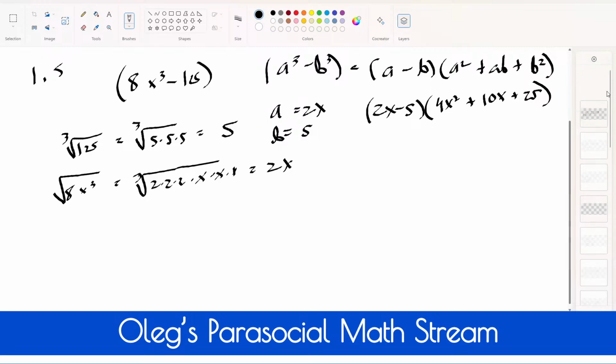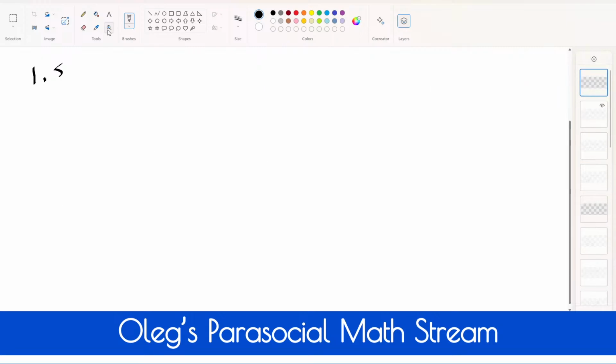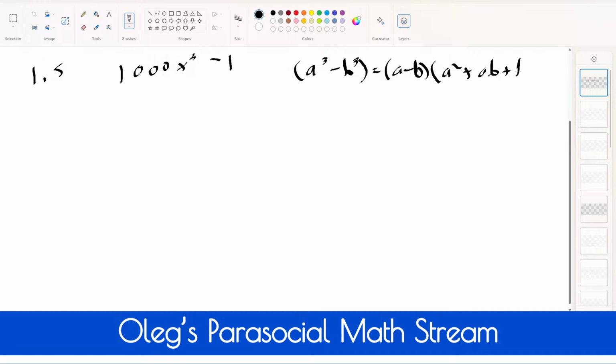All right, next we have another try it. 1000x to the third power minus 1. So let's first get the form right. a cubed minus b cubed is equal to a minus b, same, times a squared, opposite, plus ab, always positive. Okay, what is a? The cube root of 1000 is just, scratch 2 zeros, it's 10.